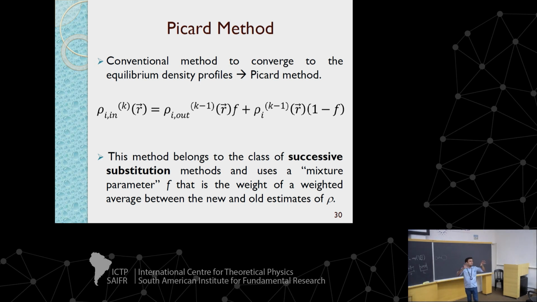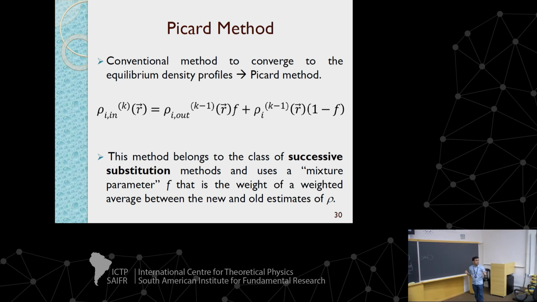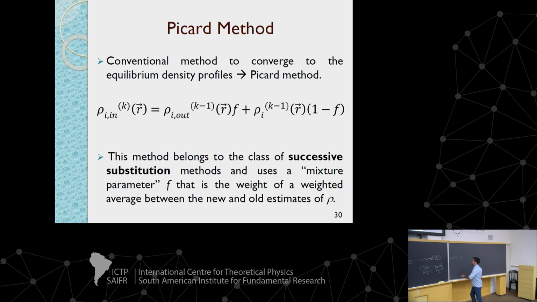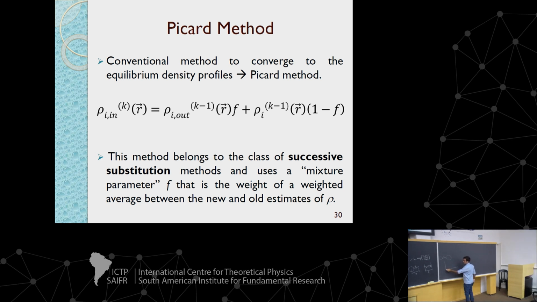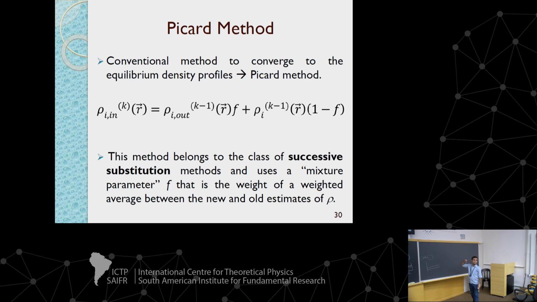In order to start applying the method, we need an initial guess. So for example, let's suppose you propose that your initial functional is equal to a constant. So you have a profile that is a constant, and you introduce this, and from this you calculate all the functionals, and you solve DFT and find the minimum, and from this minimum you have a new profile.